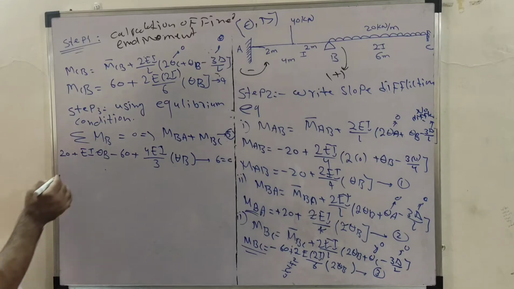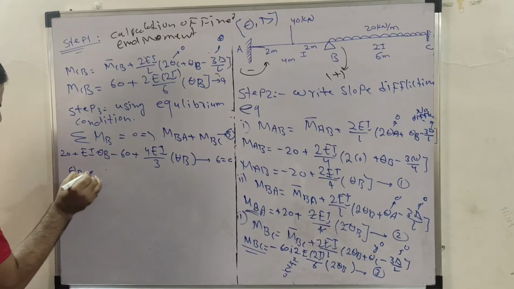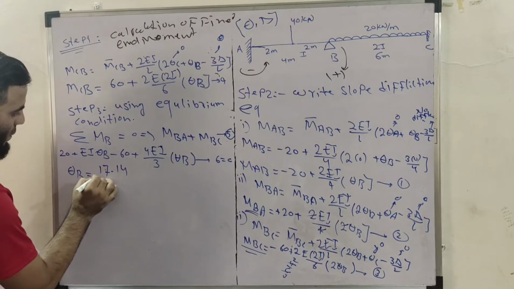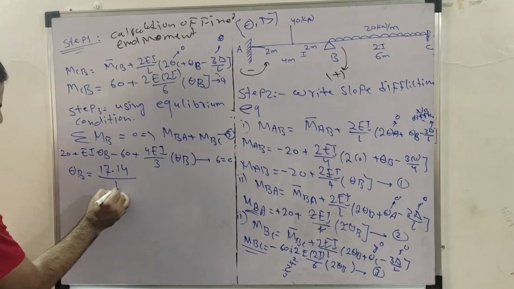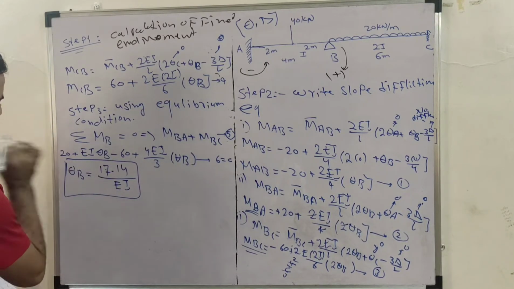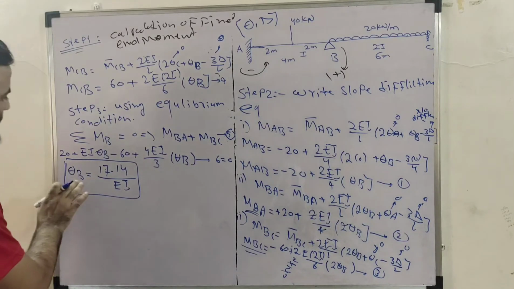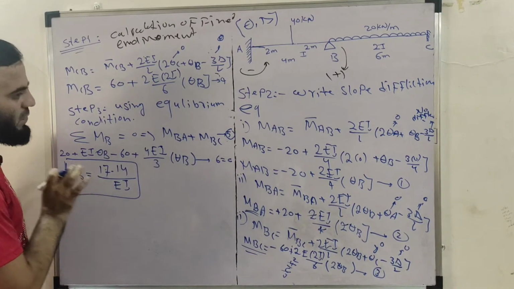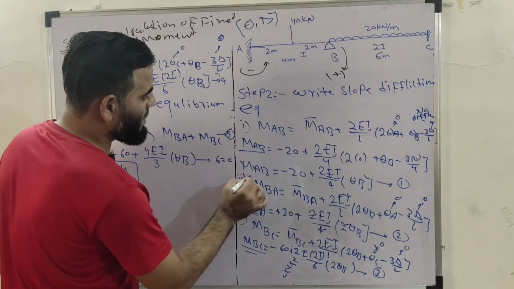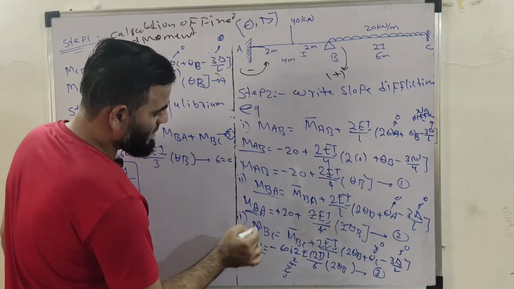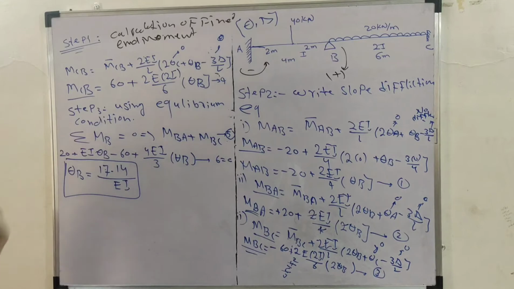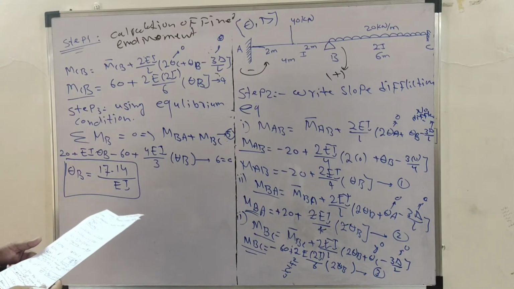Theta B is equal to 17.14 by EI. This value I already calculated. Now this theta B value, we will substitute in this equation and also this one. We will find out the final moment.